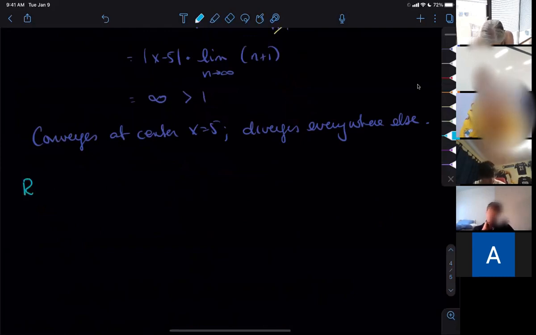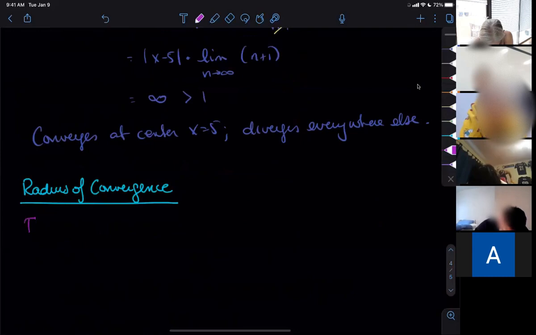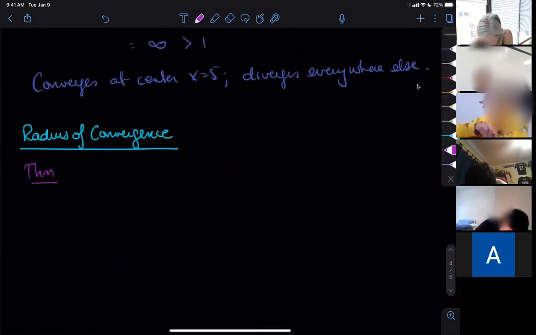Here's a theorem about that. Okay, theorem says this. For a given power series, there's only 3 different things that can happen.